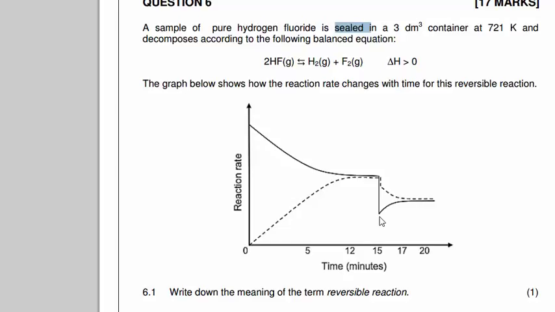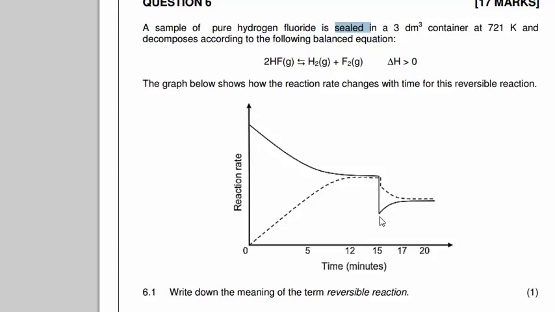Both reaction rates decreased. Okay, but it can either be catalyst, temperature, or a change in concentration. Okay, or volume, but I think it would make sense.